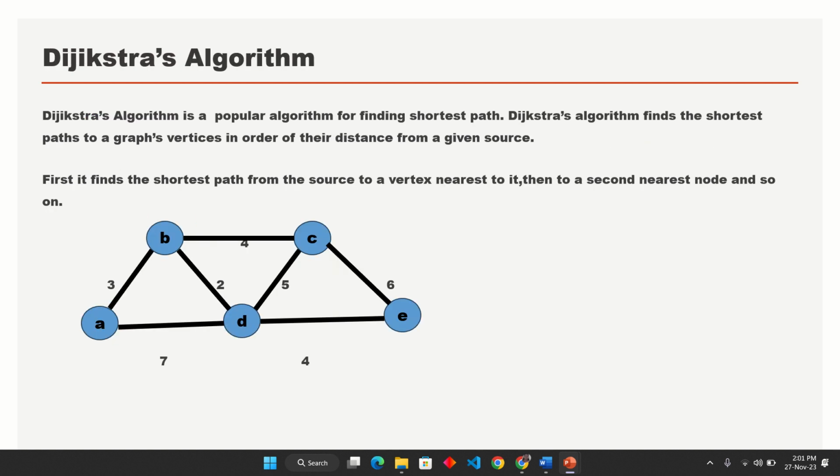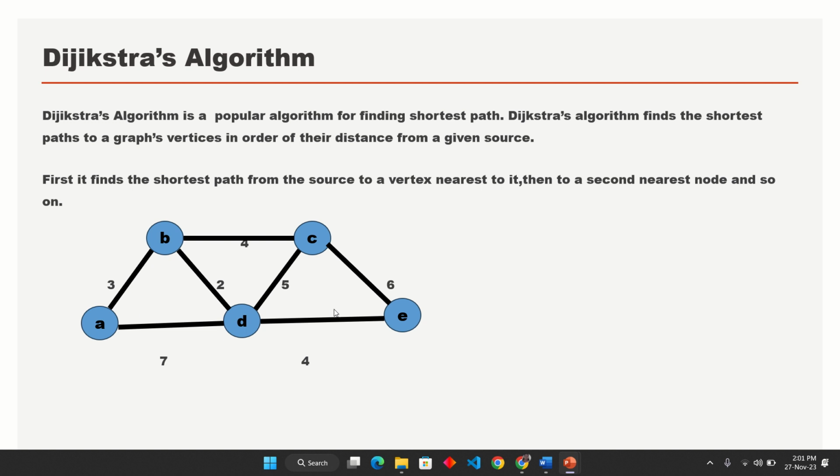Dijkstra algorithm. Now I'm going to explain the Dijkstra algorithm, how it is used to find the shortest path from the source to the destination node. Dijkstra algorithm is a popular algorithm for finding the shortest path. It finds the shortest path to the graph vertices in the order of their distance from a given source. First, it finds the shortest path from the source vertex to the neighboring vertex, then to the second neighboring vertex, and so on.